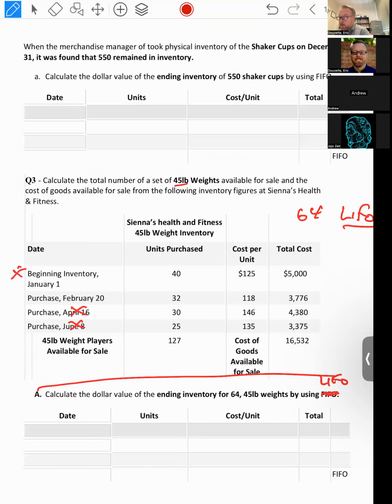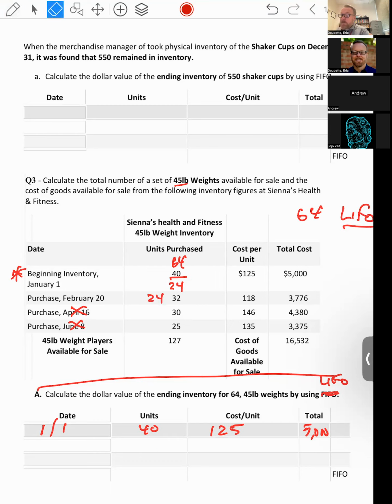That means the ones that were first there are still there, right? So that means January 1st, I had 40 units at 125. So there's 40 of my 64 for $5,000. And then I had another 32. Now that's not enough. That's going to be 72. So of the 32, if I have 64 minus 40 gives me 24. So I have only 24 of these.